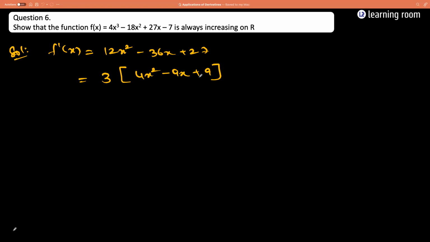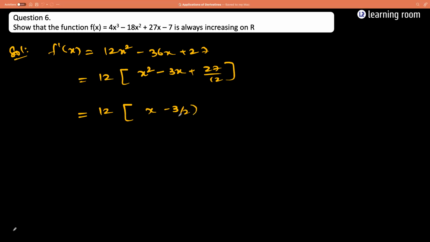Can I write it like this? So this will be equal to 3 into, I'll take out 12 itself, because whenever they ask this kind of a question, you need to make sure that the coefficient of x square is 1. So 12 into x square minus 3x plus 27 divided by 12. So 12 into x minus 3 by 2 the whole square plus 27 by 12 minus 9 by 4.